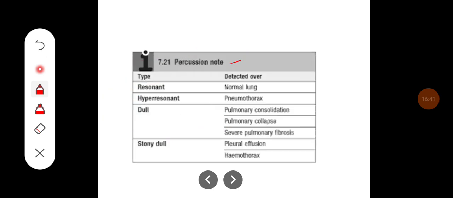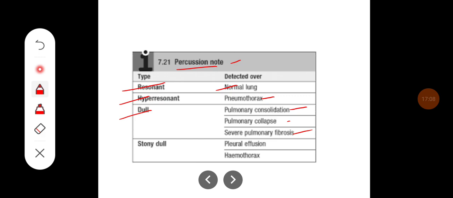To mention here, there can be different types of percussion notes. Resonant percussion is heard over normal lungs wherever there are alveoli beneath. Hyperresonant can be heard in pneumothorax or emphysema. Dull note is observed in pulmonary consolidation, pulmonary collapse, and severe pulmonary fibrosis.